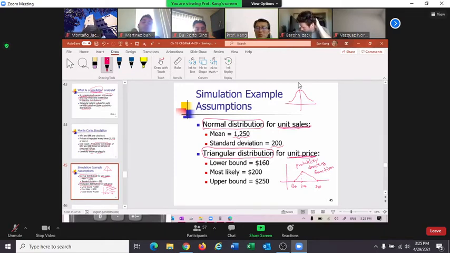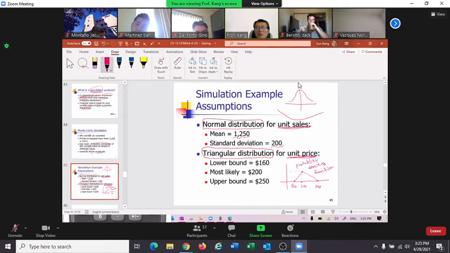The y-axis shows the probability. So this one is the highest probability, and this is the endpoint. The probability goes up from 160 to 200, and from 200 to 250 it goes down like this. So this is one type of probability distribution.